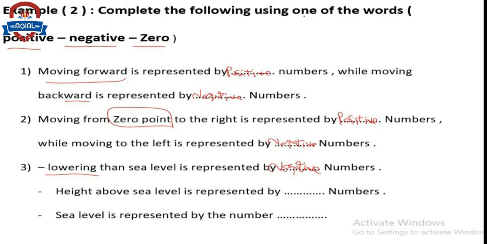Height above sea level is represented by positive numbers. Excellent. Sea level is represented by the number 0.